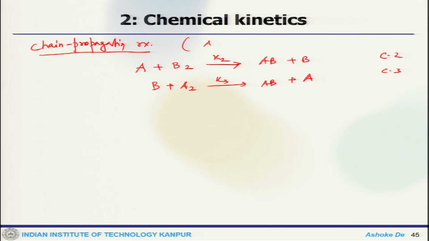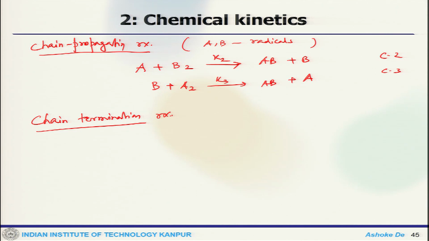Essentially A, B, these radicals are formed. Now you go to the chain termination reaction. Chain termination means the whole chain which got initiated will now be terminated.